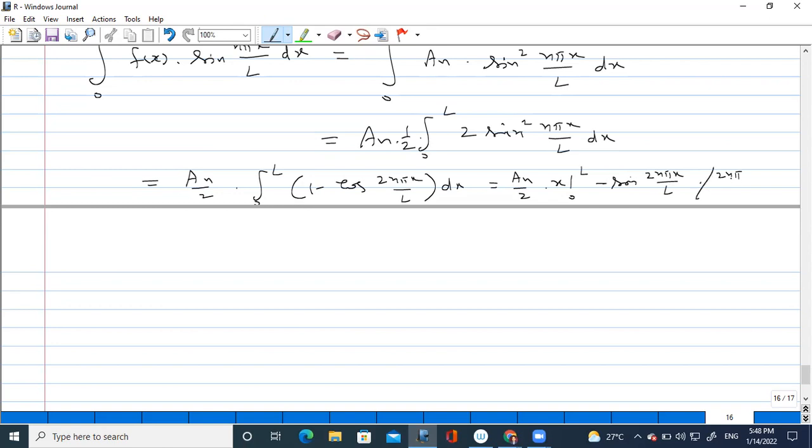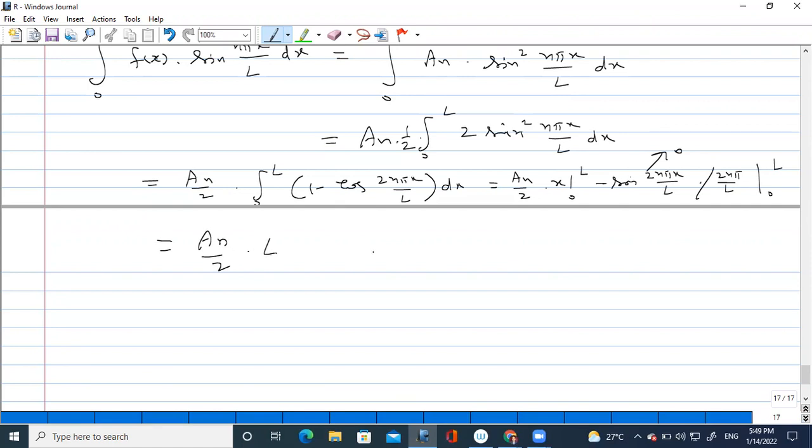Limits are 0 to L. Once you put L, the L's cancel, and sine 2n pi is also 0. Once you put 0, that is also 0. So this term goes to 0, and only the first term will give you L minus 0, which is L. So the answer is an by 2 into L.